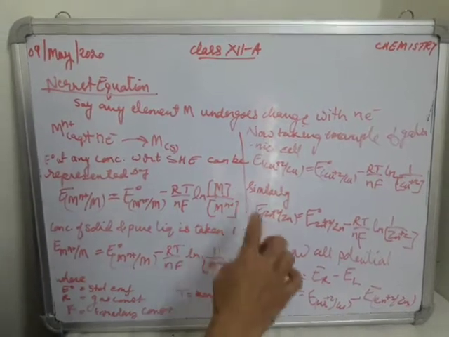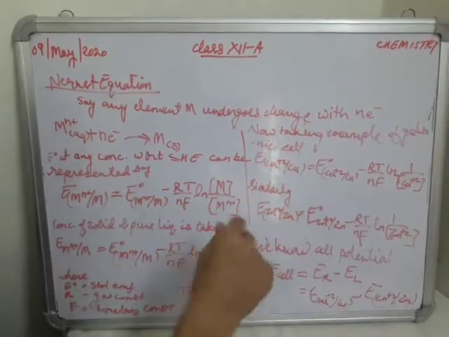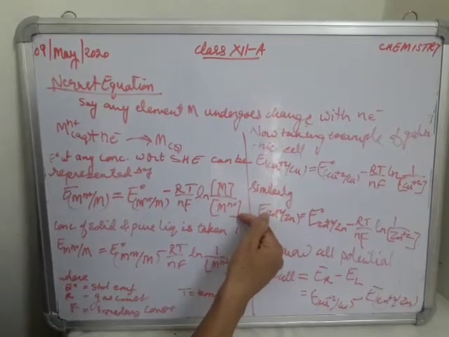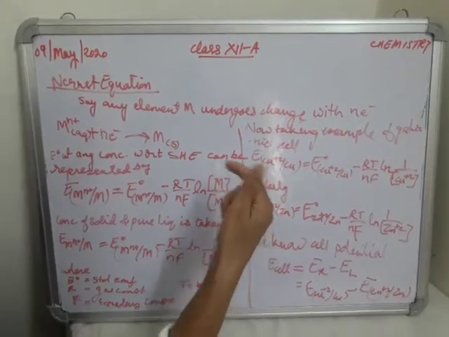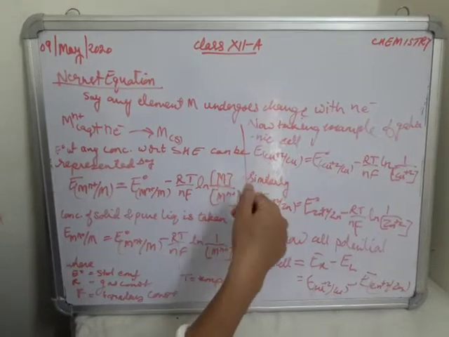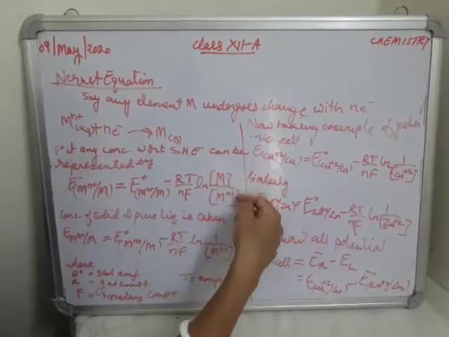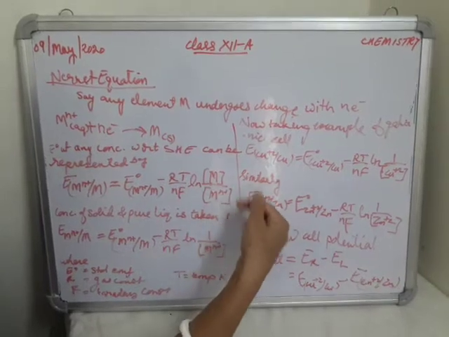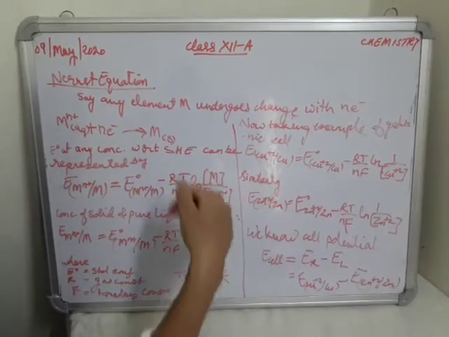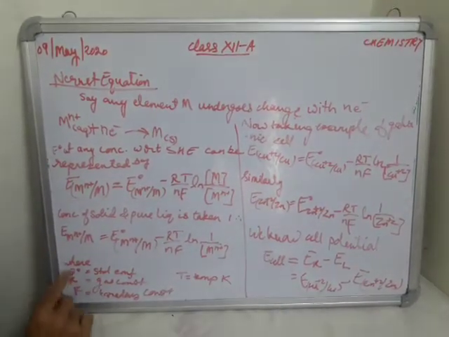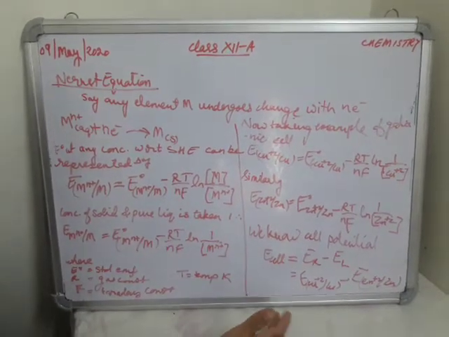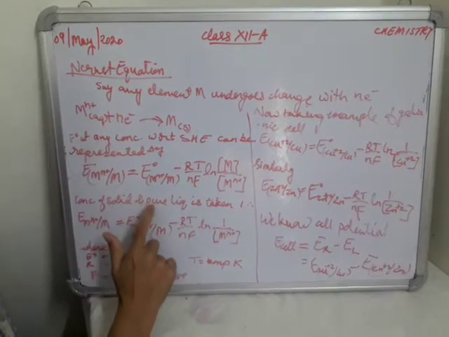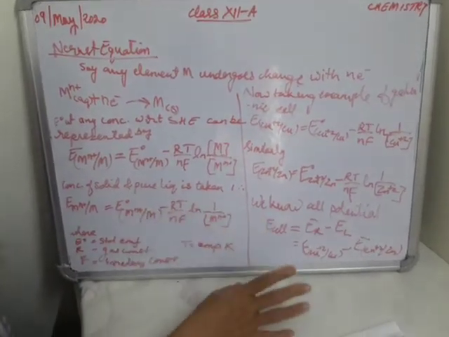Simply put, you need to keep in mind that the denominator will have the oxidized species, whereas the numerator will have the reduced species. In this case, the reduced species is the solid metal and the oxidized species is the metal in aqueous form. We have already studied in class 11th that the concentration of solids and pure liquids is always taken as unity.